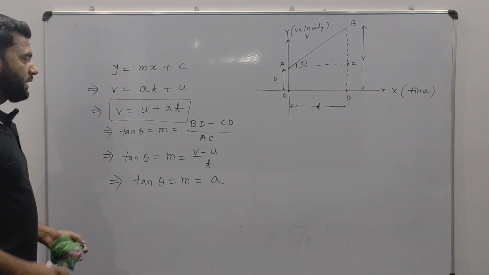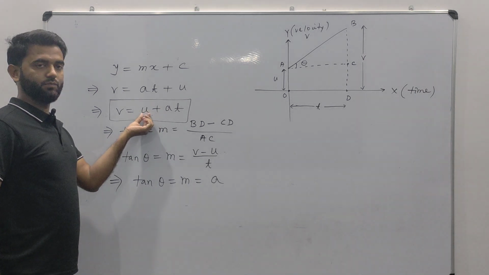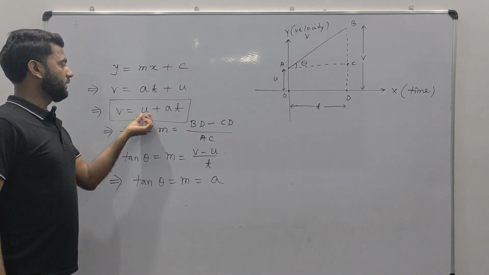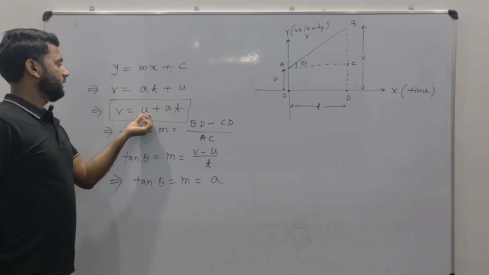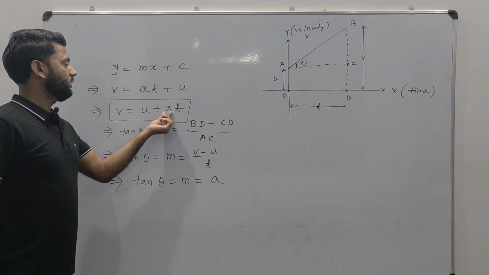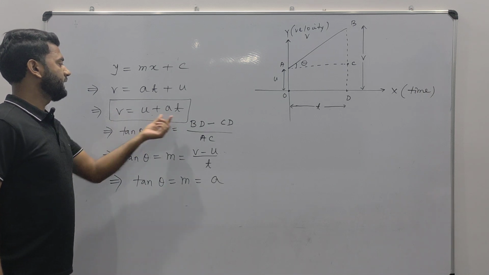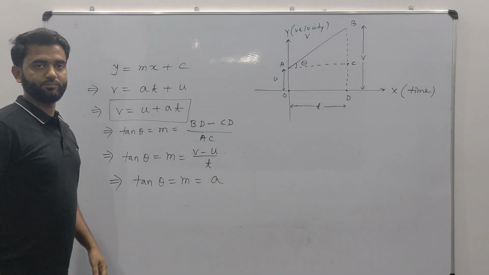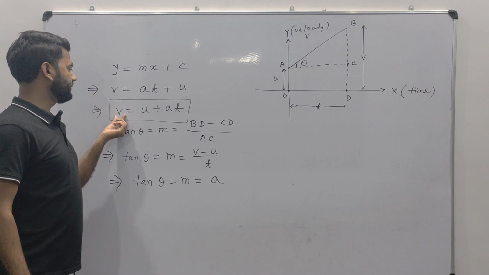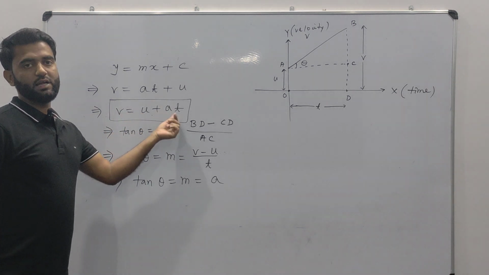That means a particle starting with an initial velocity u and going through a uniform acceleration will have a velocity v after a time interval t. v is the final velocity, u is the initial velocity, a is the acceleration, and t is the time.